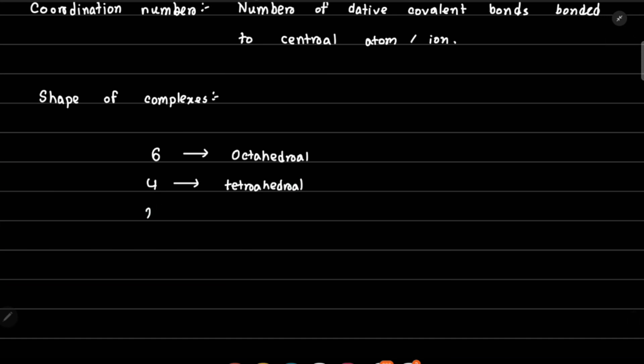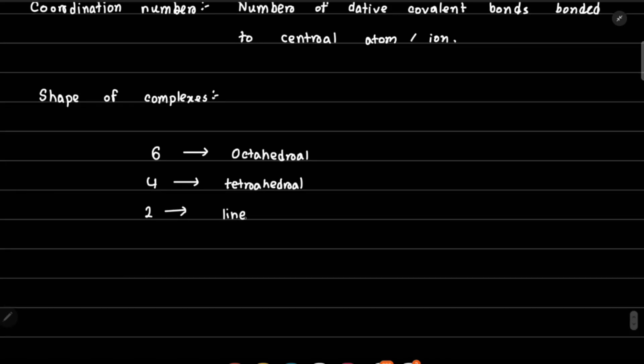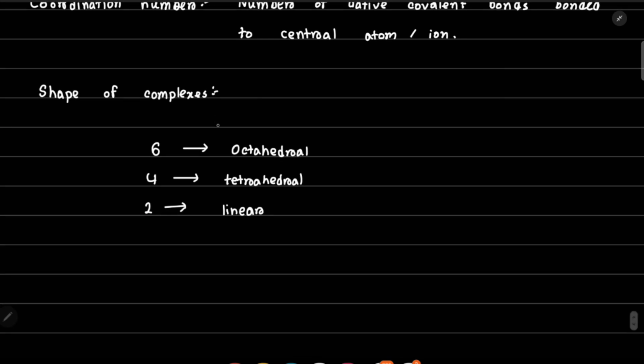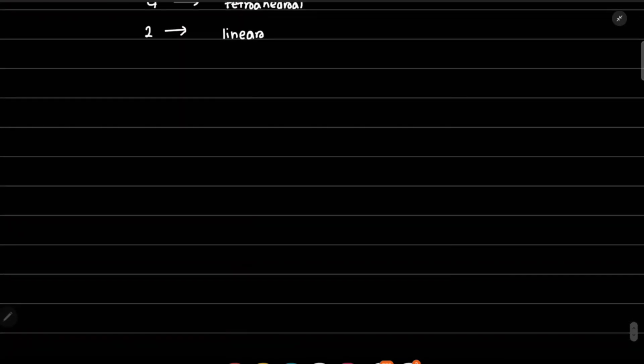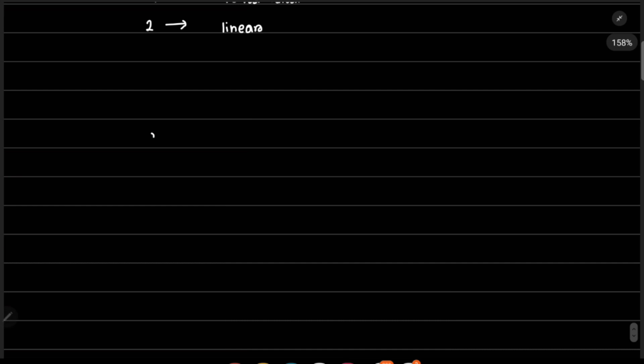And if the coordination number is 2, it's linear. We find this using the valence shell electron pair repulsion theory, which we have learnt in AS. So an octahedral shape would be that of Cu(H2O)6, the compound we drew just a while back. It would have a shape like this.